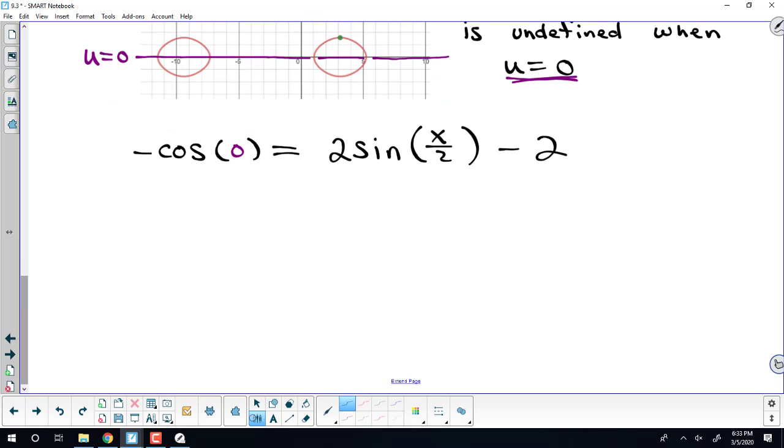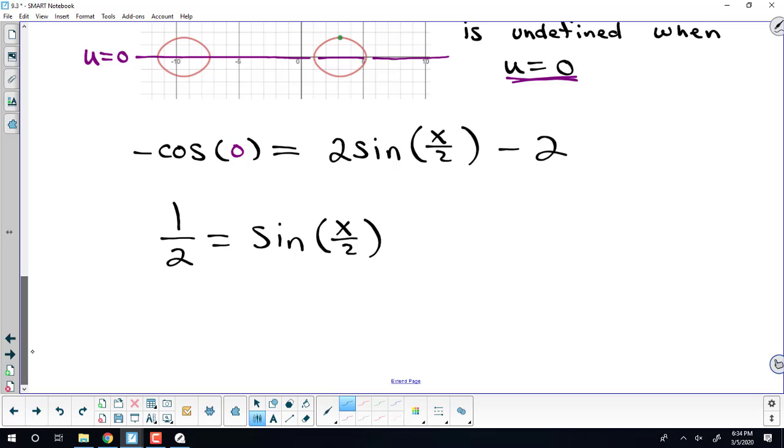Okay, so we've got our -1 plus 2, and that's what our sine of x over 2 is going to be. So when is the sine equal to half? What angles does the sine equal a half at? Pi over 6 and 5 pi over 6.